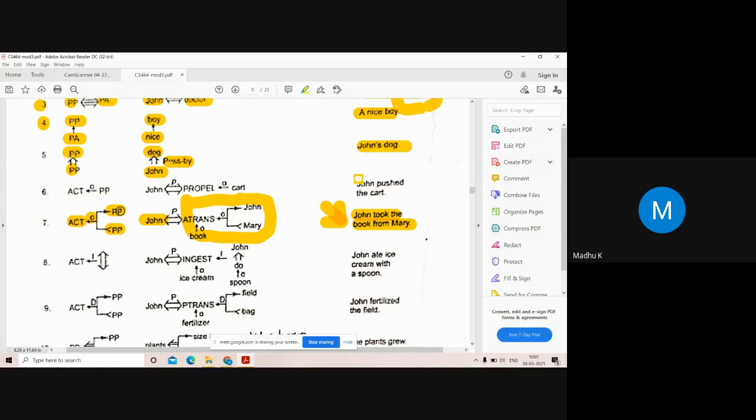So what will we do? We will represent it in this way. "Vishnu took the book from Fajar." So who gave? Fajar gave. So I will represent Fajar here.